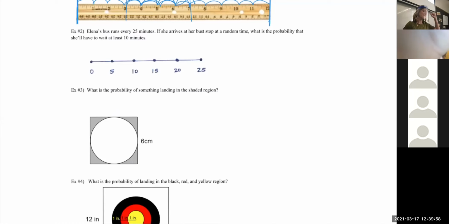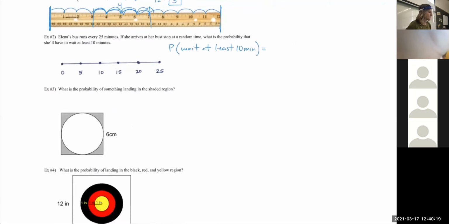If you don't kind of rearrange your brain a little bit, but I'm confident that you can figure it out. So see if you can figure out what's your favorable, what's your possible. You would write it, the probability that you wait at least 10 minutes is what?